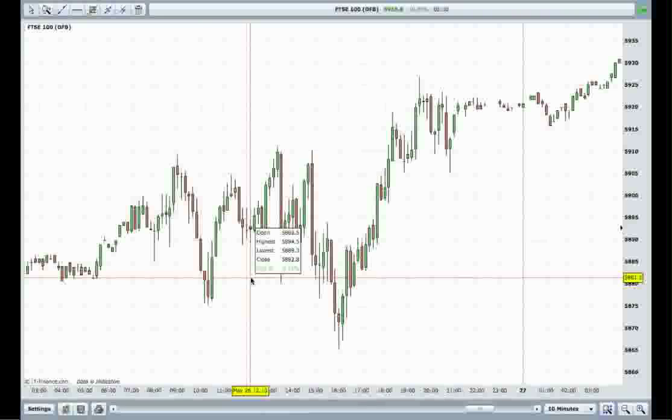When I'm seeing this sort of action, that immediately becomes very important to me. Going into the Friday session, certainly 5910 was very key, and if the market had held 5910, I was looking at buying opportunities, and a penetration through 5910 would have opened the doors to more selling.